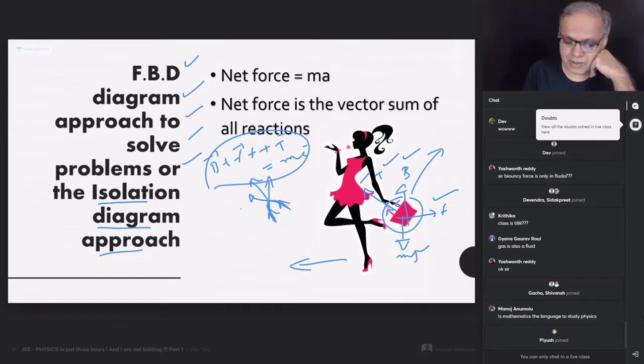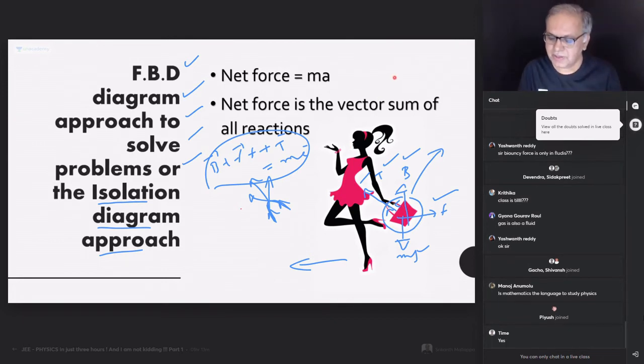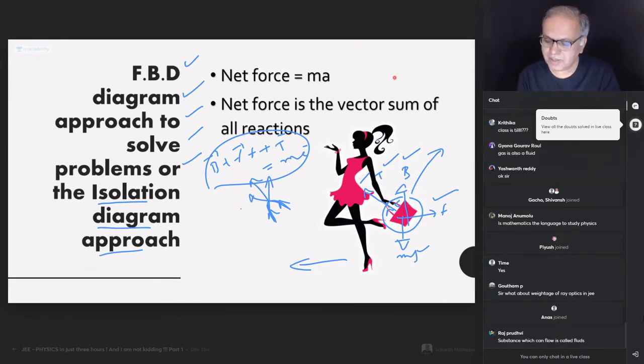So where can I discuss your questions? Is mathematics the language of studying physics? Definitely. Isn't it, Manoj? Sir, what about the weightage of ray optics in JEE? That can be done separately, but the weightage will be around 4 to 6 marks. That's an easy topic actually. You don't have Newton's laws and all that there.